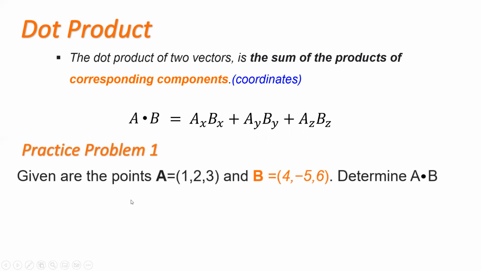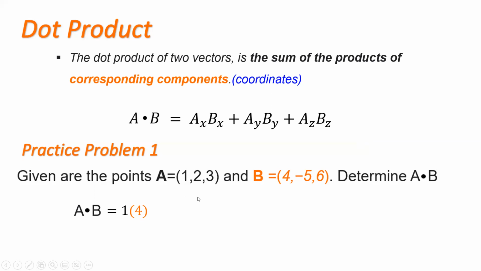So let's have a practice problem here. Given are the points A, 1, 2, 3, and B, 4, -5, and 6. Determine A dot B. So to solve that, simply get the coordinates of each vector or points.